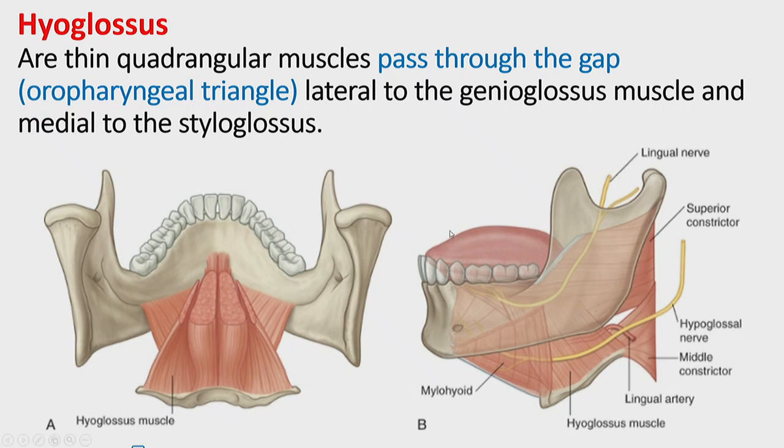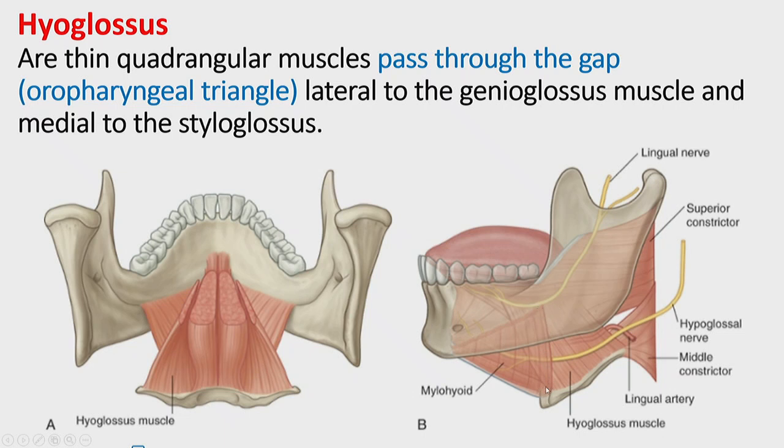Next is an extrinsic muscle of the tongue that is important, and it passes through a gap. There is a gap which is called the oropharyngeal triangle. This gap is between the superior constrictor muscle of the pharynx, the middle constrictor muscle of the pharynx, and the mylohyoid muscle, respectively the posterior aspect of the mylohyoid muscle.